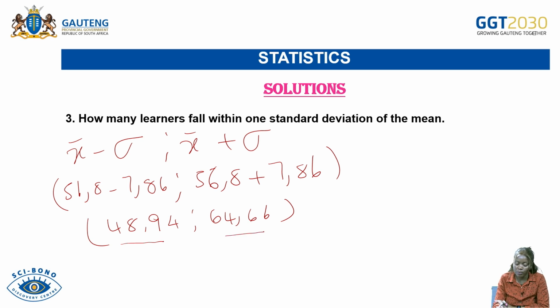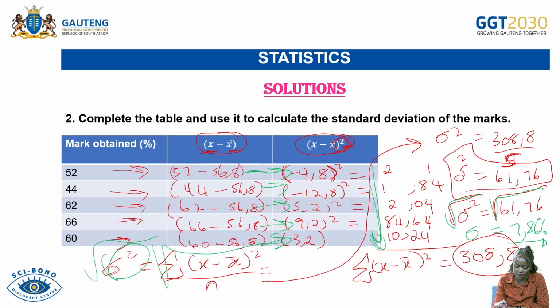So we go back to our data set and check which of those learners fall within 48 and 64. I can see the 52 falls between the 48 and the 64. The 44 is less than the 48, so it's outside one standard deviation. 62 is between your 48 and your 64, so that one is in.